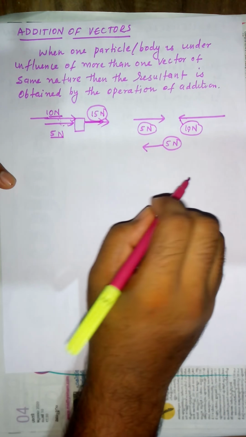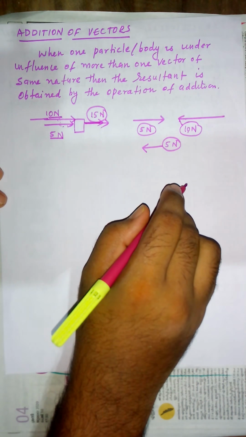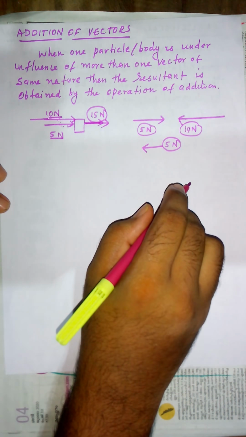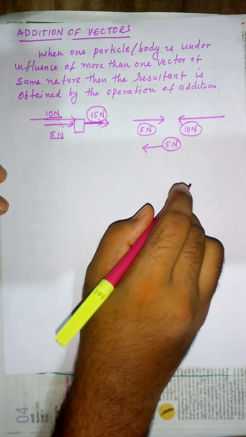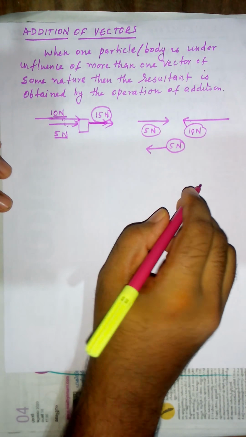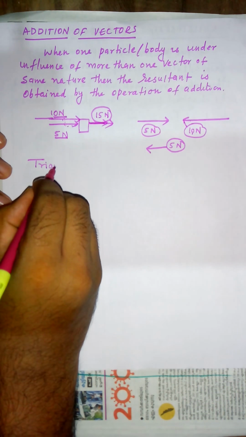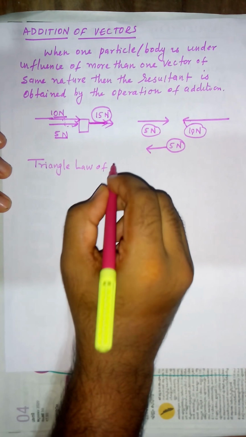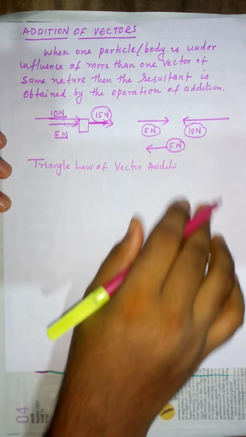So there are situations in which two vectors are making an angle other than 0 and 180, right? In those cases, we use some laws to add two vectors. Okay, so among those, the first one is the triangle law of vector addition.